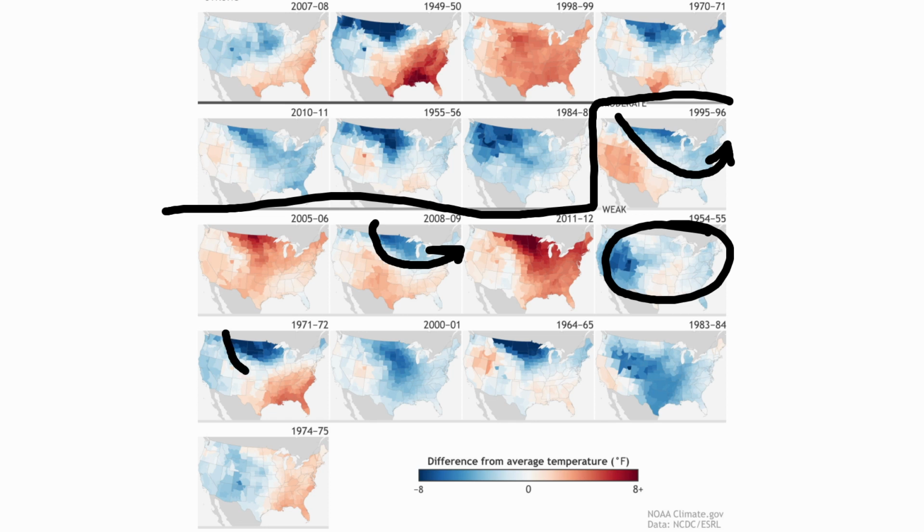If we look at 71, 72, fairly traditional, almost a moderate La Nina look for that time frame. 2000, 2001, again a big trough into the east. 64, 65, looking at cold, especially for the northern plains.